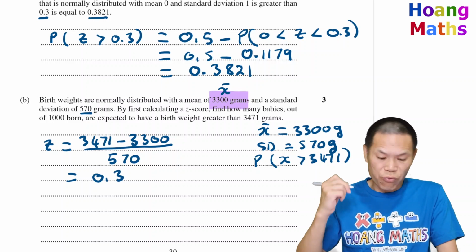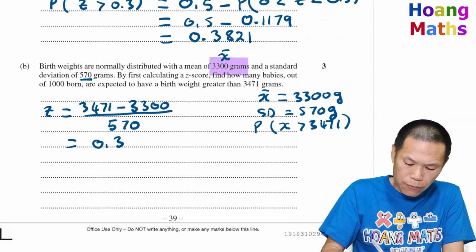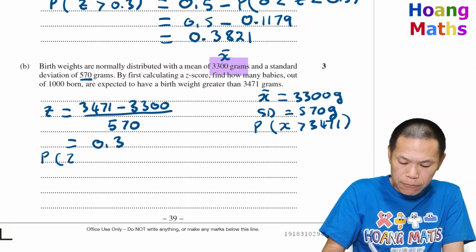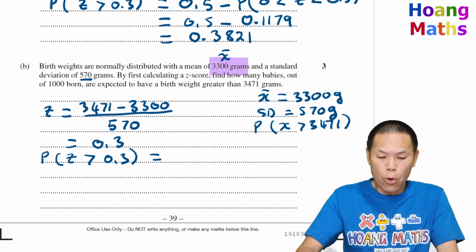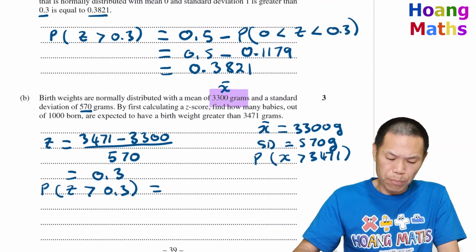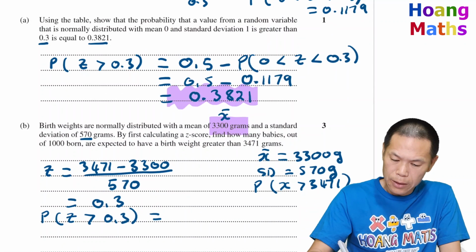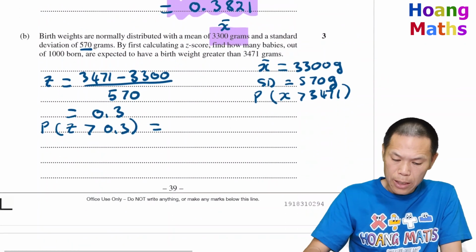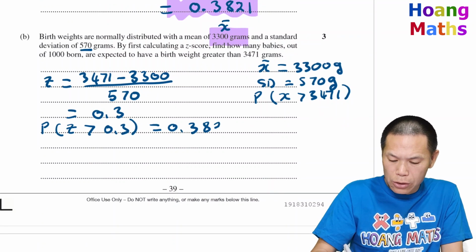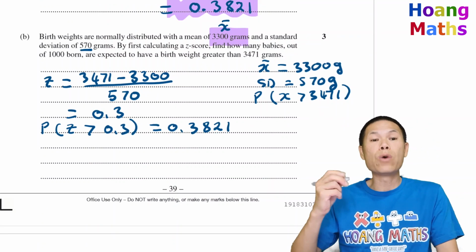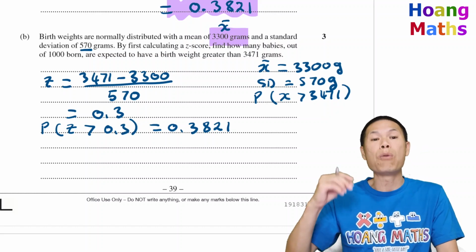But then we need to find the probability greater than that, the probability of z greater than 0.3, which is already found in part A. That is 0.3821.